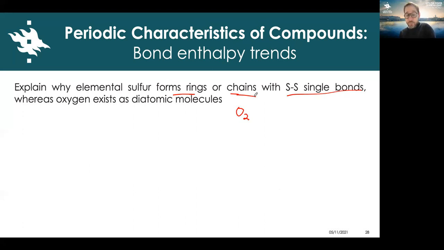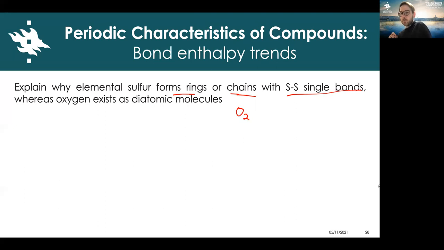Let's try to think. So I will help you actually, because what we have to do is try to think about the bond enthalpies for sulfur and for oxygen. So think about the bond enthalpies for a sulfur-sulfur bond and for an oxygen-oxygen bond.